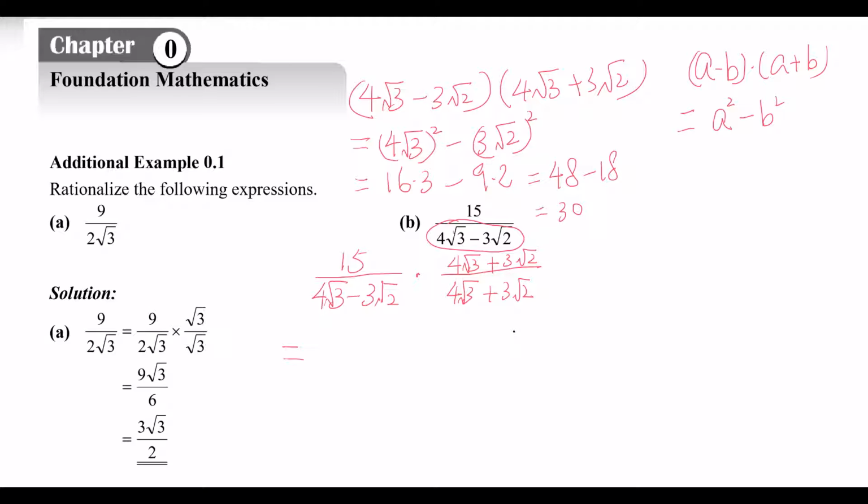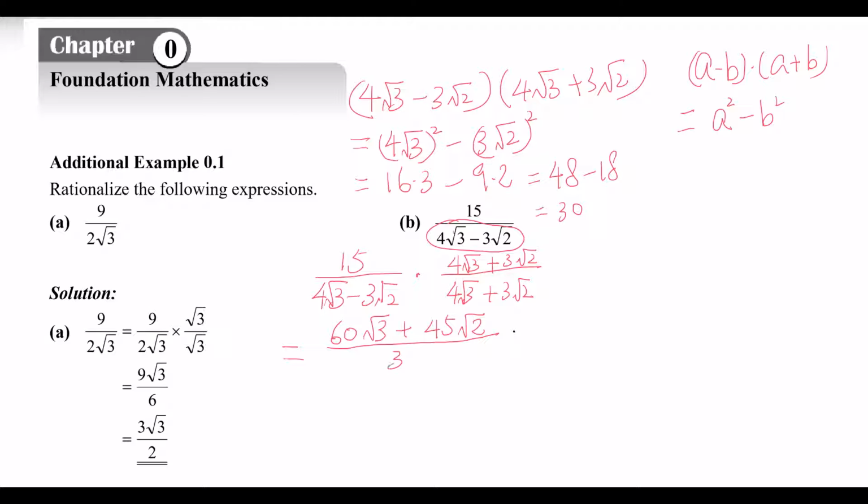And then we just multiply the numerators together. 15 times 4, 60 square root 3 plus 45 square root 2, divided by 30.